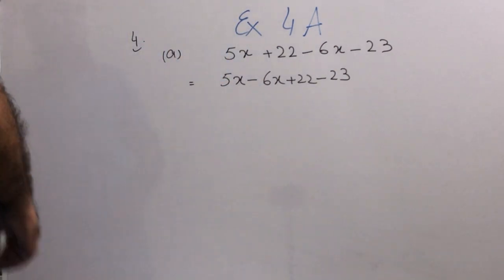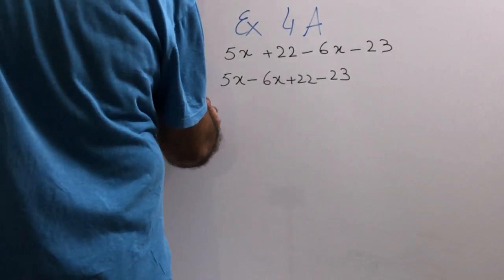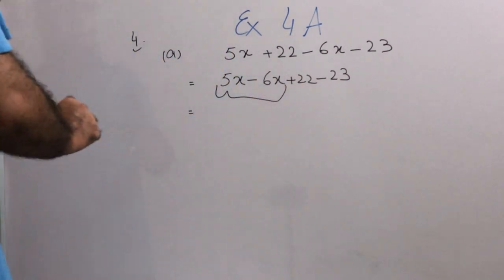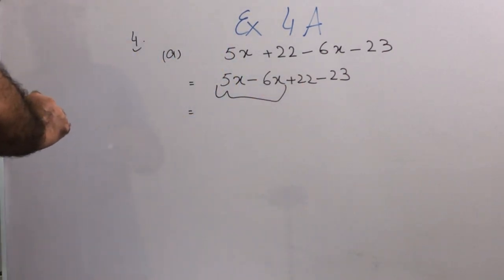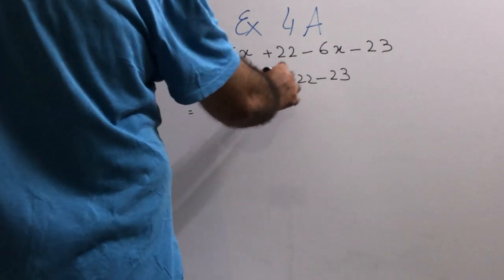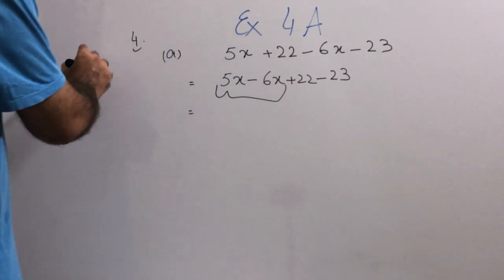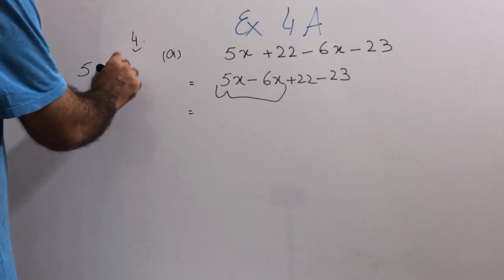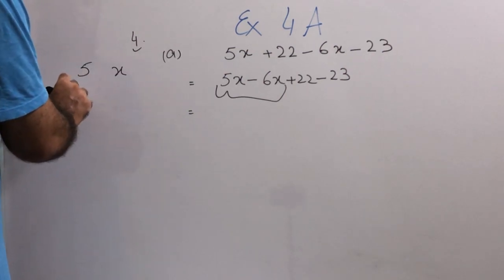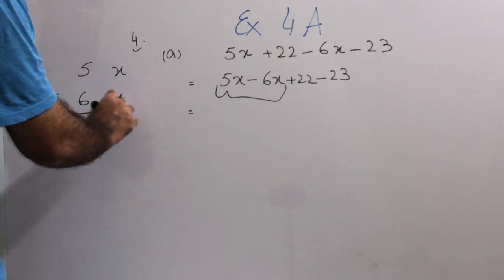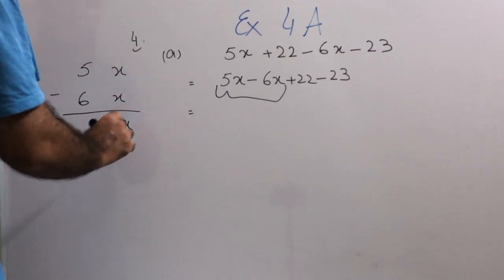Okay, now second step is that we need to deal first with the values involving x. 5x minus 6x. Okay, so when we are dealing with 5x minus 6x, x remains the same.